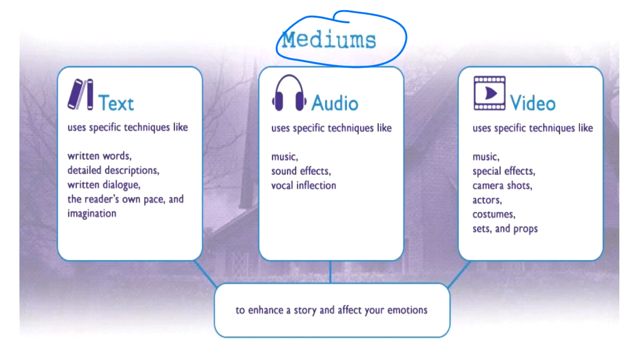If you listen to an audio version of a story, you'll use specific techniques like music, sound effects, and vocal inflection, and that will help enhance a story and affect your emotions. And then video, you use music, special effects, camera shots, actors, costumes, sets, and props. And those are all different ways that video uses to enhance a story and affect your emotions. So the 3 different mediums that we'll talk about are text, audio, and video.